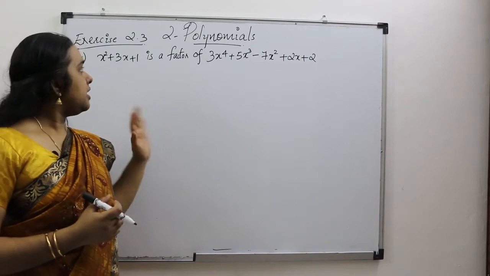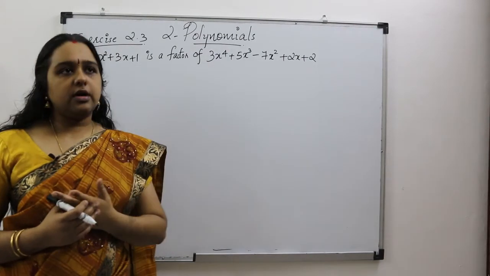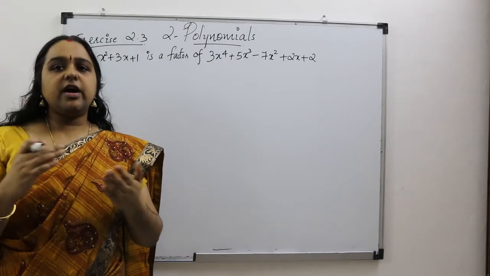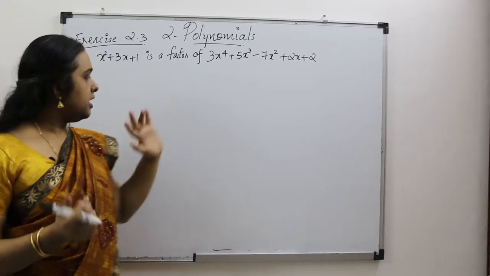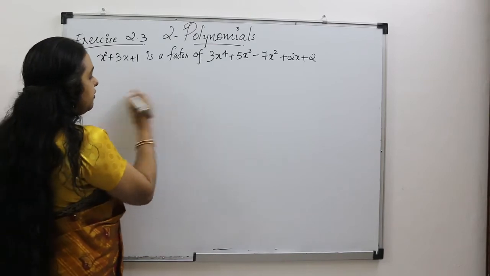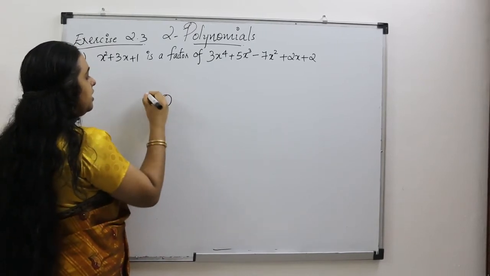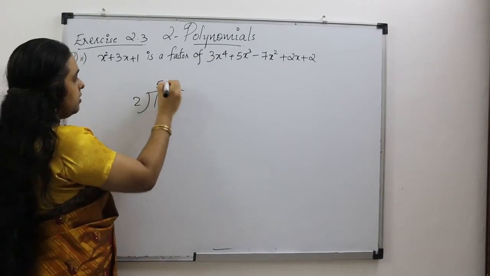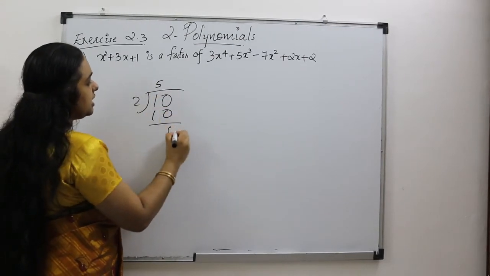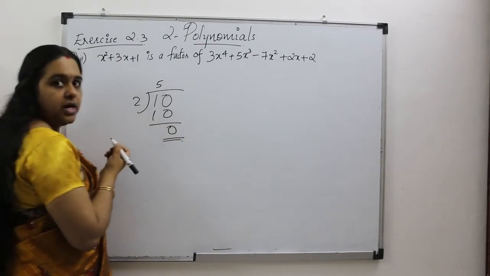For any number to be a factor of another number, when we are dividing those two numbers, for example, if we are dividing 10 with 2, we are getting the remainder 0.